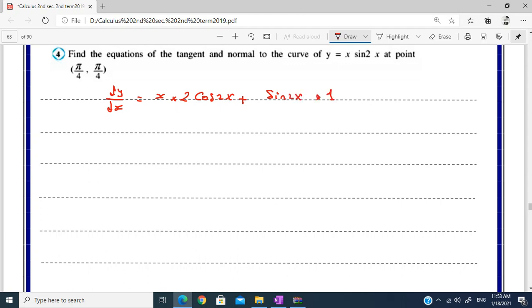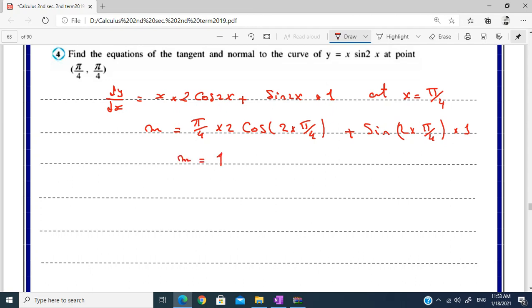By substitution at x equals pi/4, the slope of the tangent equals pi/4 times 2 cosine 2 times pi/4, plus sine 2 times pi/4 times 1. The first value will be 0 and this will be 1, so the slope equals 1.